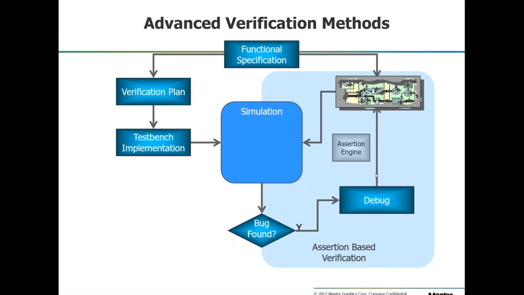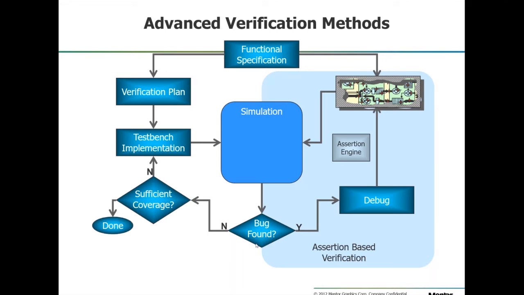So the next thing is to say, well, when am I done? How do I know when I'm finished with my design? In the traditional testing mode, you kind of said, well, I have all these features and now I've written a test for each one of those, and that's when I'm done.